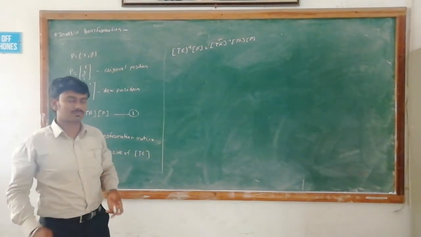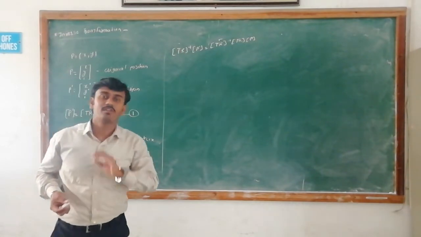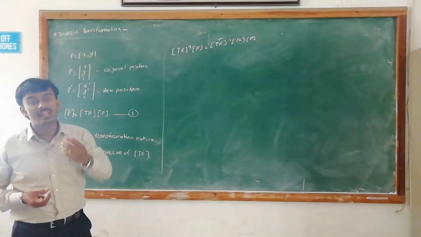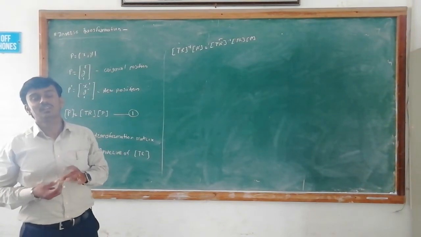If we multiply any number by 1, we get the same value. Similarly, if we multiply any matrix by a unit matrix, its value remains the same.